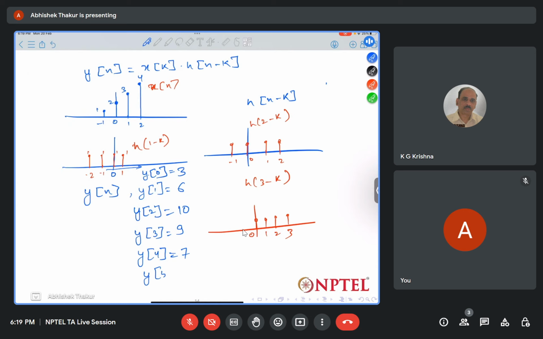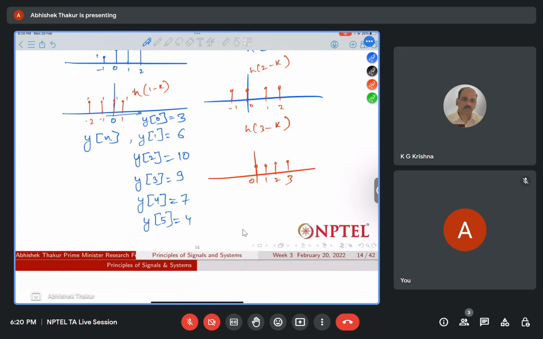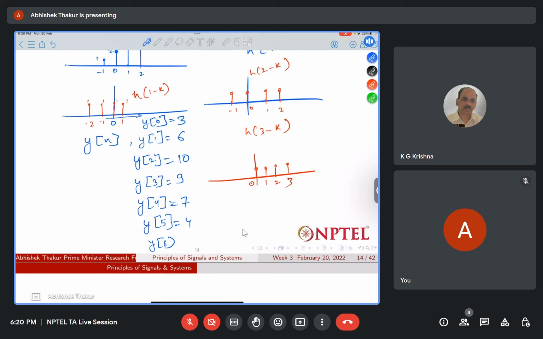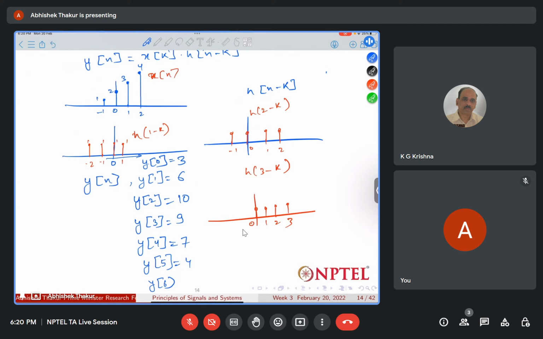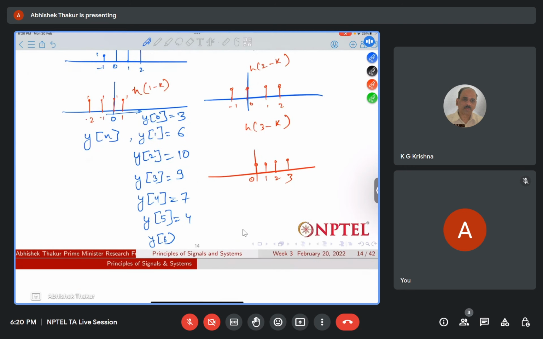Again y of 5 will start from 2 and 3. So it will be 4 into 1, that is 4. And y of 4 will be h of 4 minus k. So this is 3 minus k.